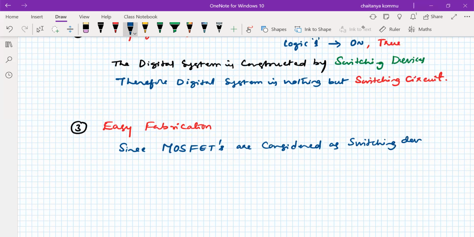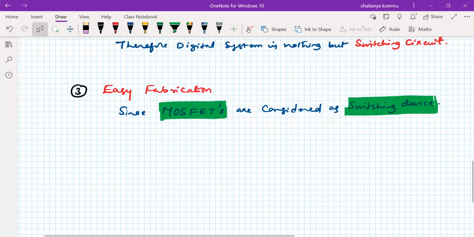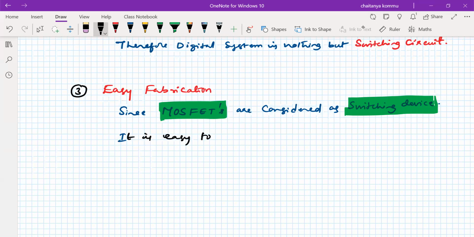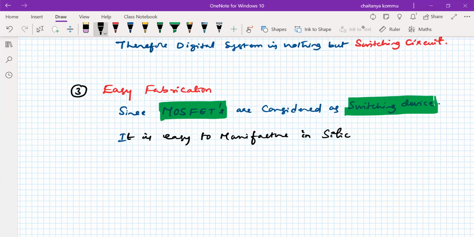Whenever we have MOS devices, they are very easy to fabricate on a silicon chip. Remember the MOSFETs that we normally use; these are all switching devices. So it is easy to manufacture in a silicon chip. That's the advantage.